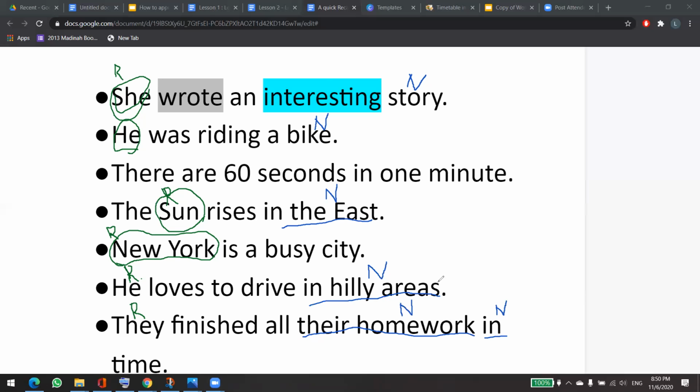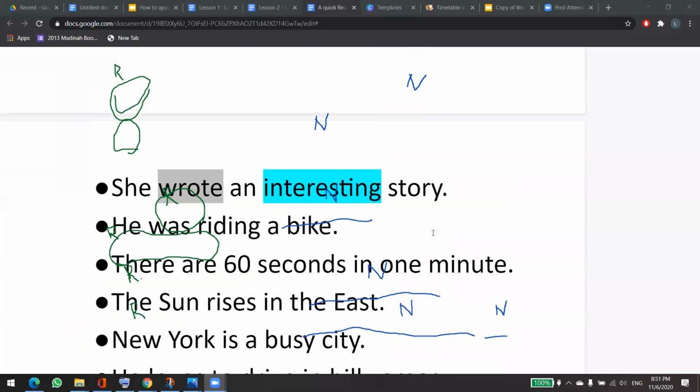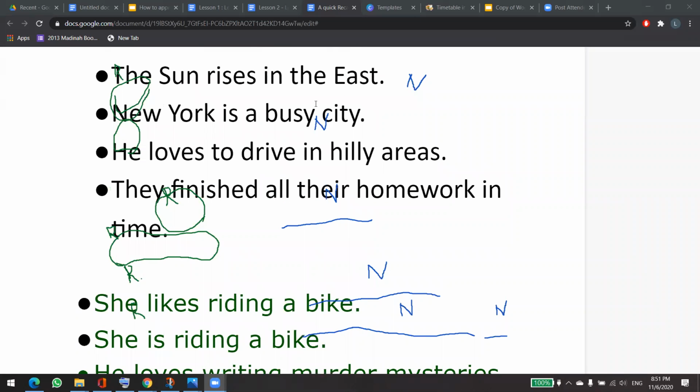And so far, what did we learn? Okay, let's go up. I have to erase all these then.